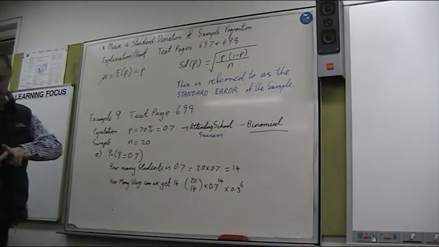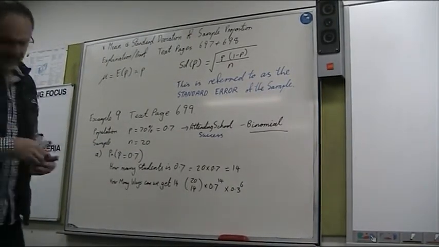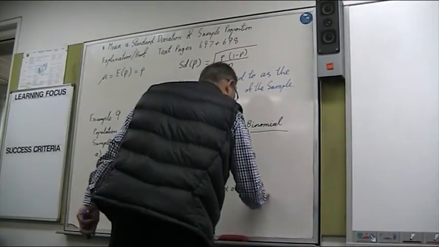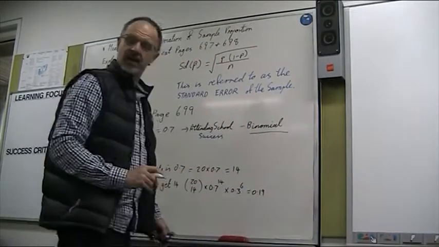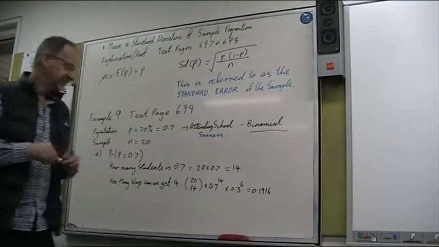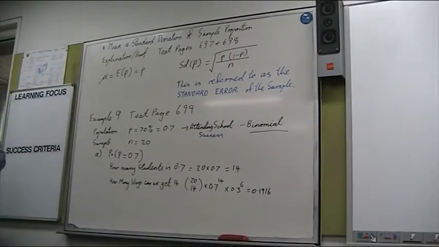And then, one I prepared earlier, on the calculator, you get 0.1916. So it's about a 19% chance that in a random sample of 20 17-year-olds in Australia, you'd have 14 that attend school.